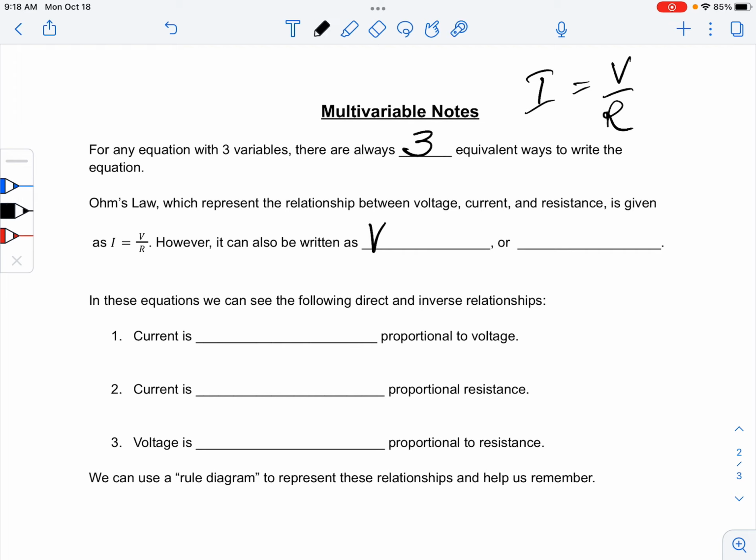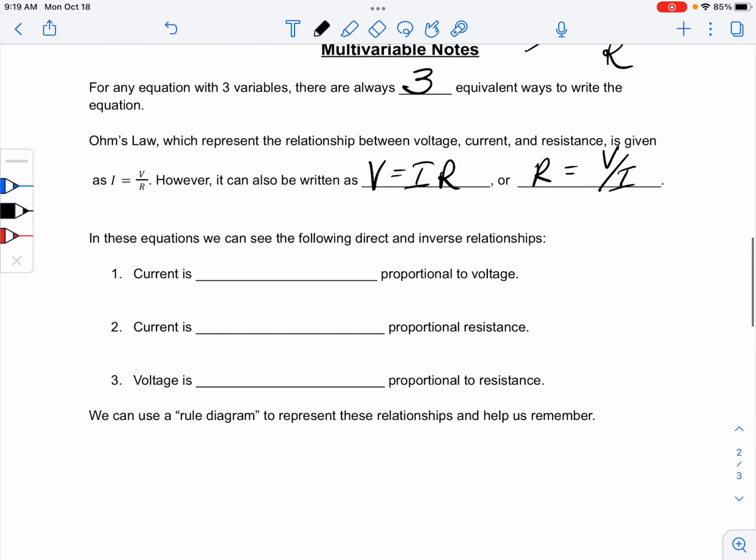So we can write it as V equals IR, or R equals V over I. These all mean the same thing, they just look different. Within these relationships, different variables are going to be related directly, and some are going to be related inversely.